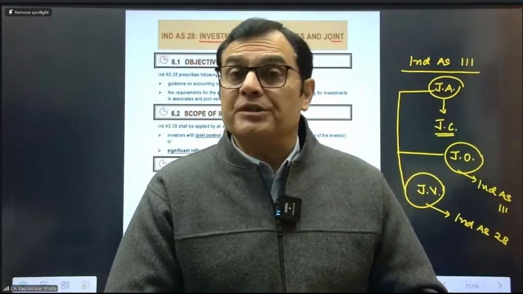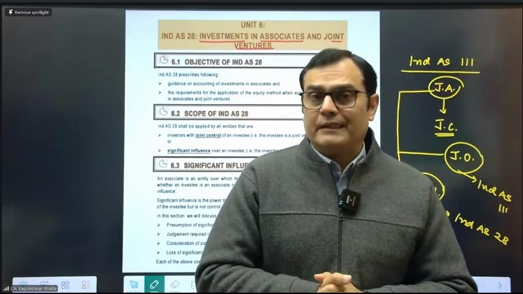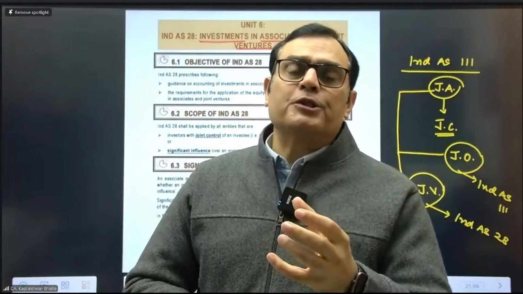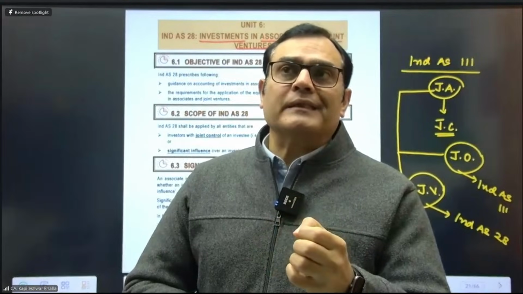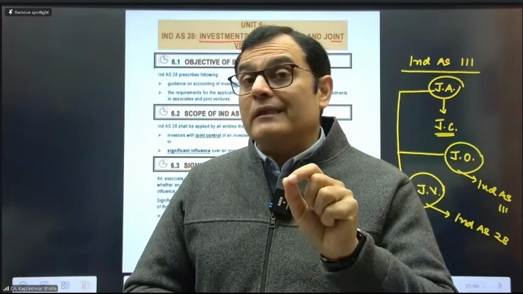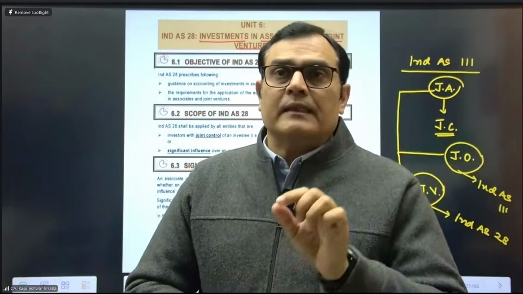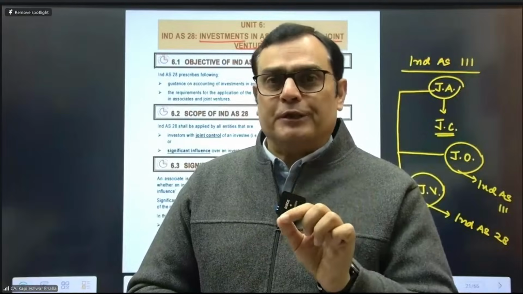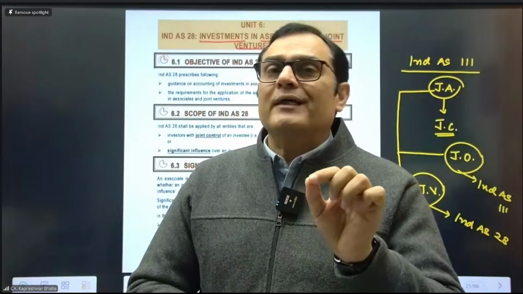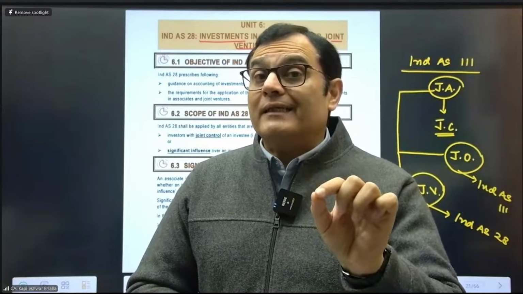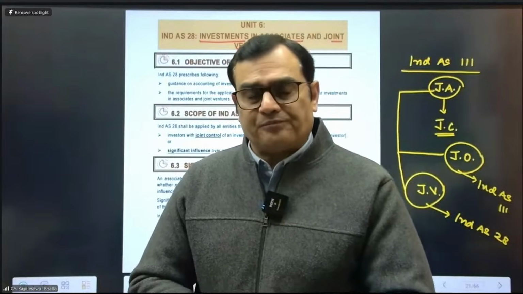The block 2, which is the main and the crucial block of this standard: how would the accounting, how would the consolidation occur as per Ind AS 28? And the technique of Ind AS 28 consolidation is called equity method. In terms of Ind AS 110, the technique was called full consolidation, because whether you had an 80% stake or a 100% stake, you always landed up doing a full consolidation.